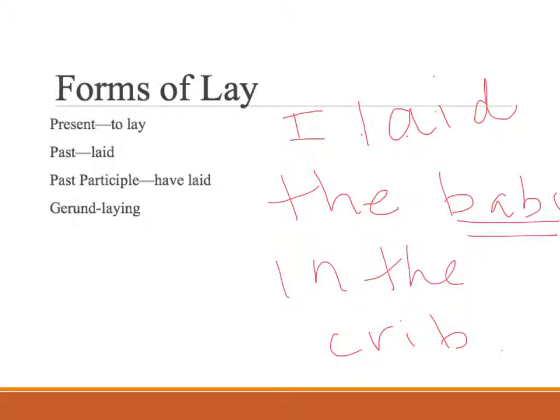Yesterday, I laid the baby in the crib. Well, let's say I have been doing this all week. I want a participle, have laid. I have laid the baby in the crib all week. Now I'm going to talk a minute about the gerund. A gerund is when you add an ing to a word and it changes its form. So I could say laying the baby in the crib is my job. So I still got the laying and baby, and I've got the object. So that's basically the forms of lay.